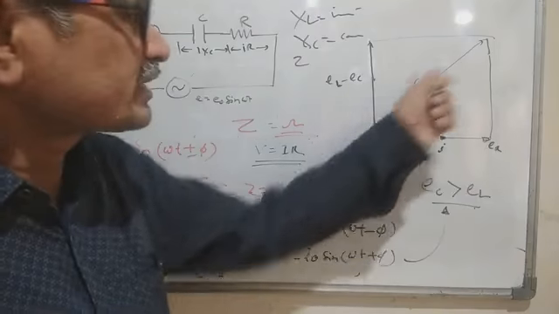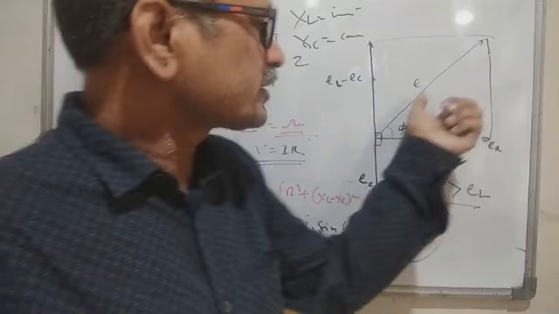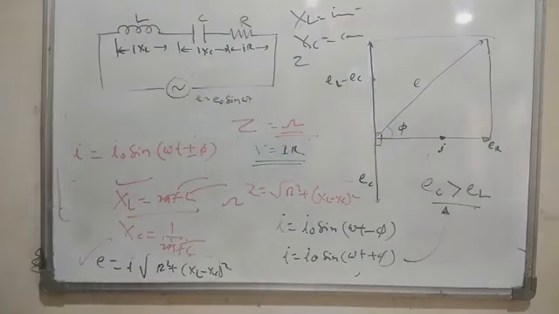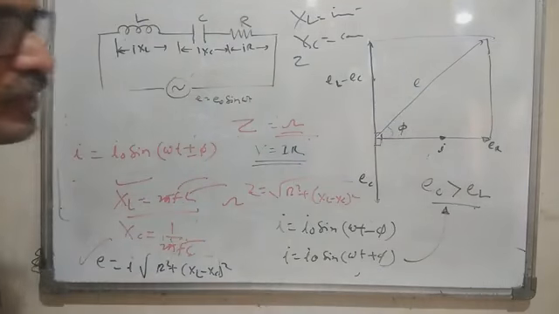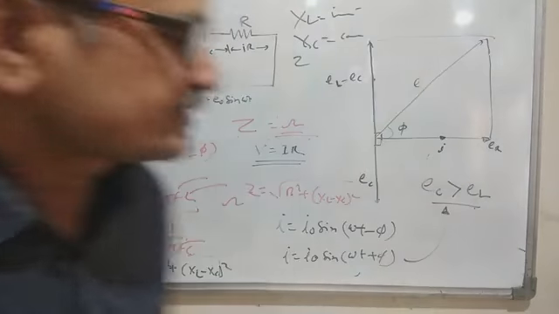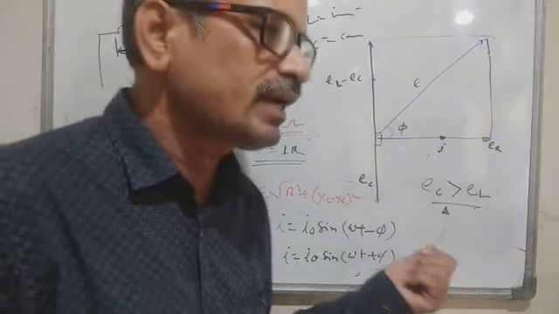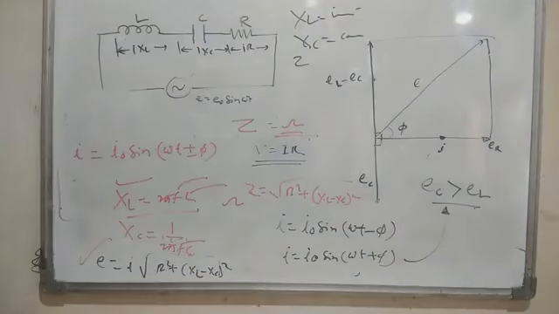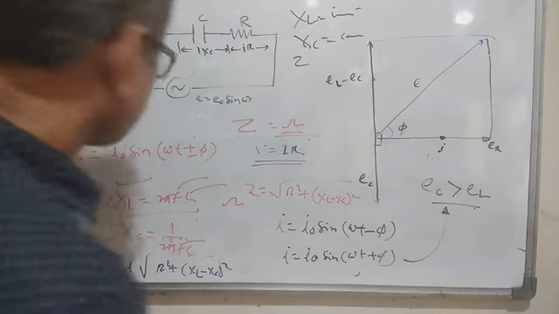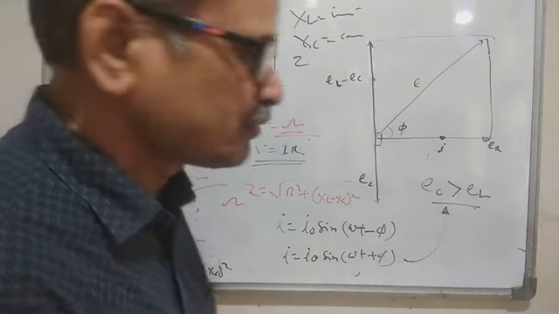So the combined vector diagram is like this, and we have found out the resultant E. Total E will be equal to I into under root R square plus XL minus XC whole square. It varies: sometimes EC will be high and EL will be less, so you can change it accordingly. And then we have seen the angle phi, that is tan inverse of XL minus XC upon R.